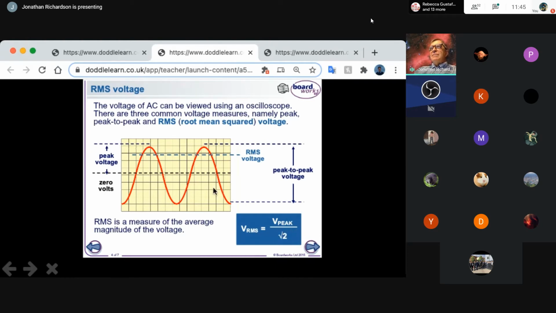But for you, I'm just asking you to take that the RMS voltage will always be less than the peak voltage. So the voltage peak divided by square root of 2 gives you the RMS value. Now that is true for voltage.